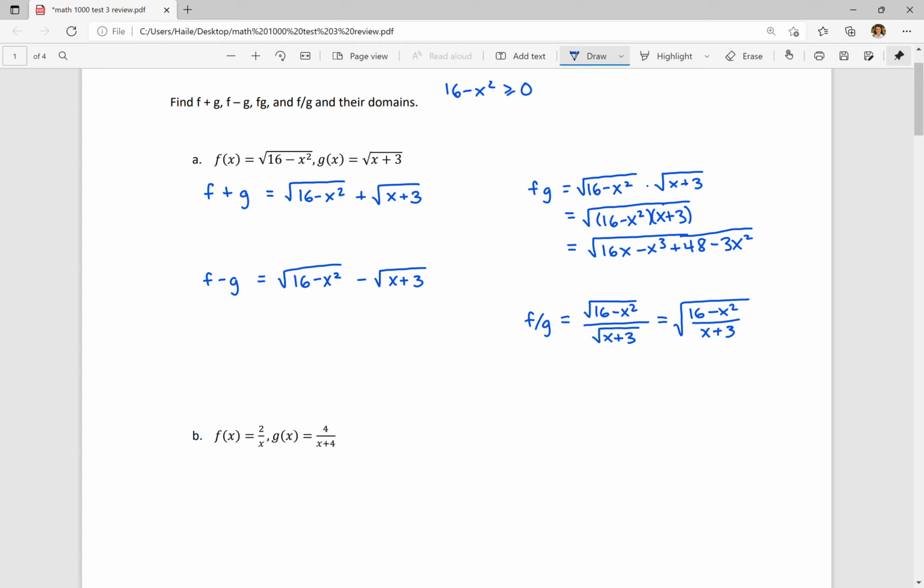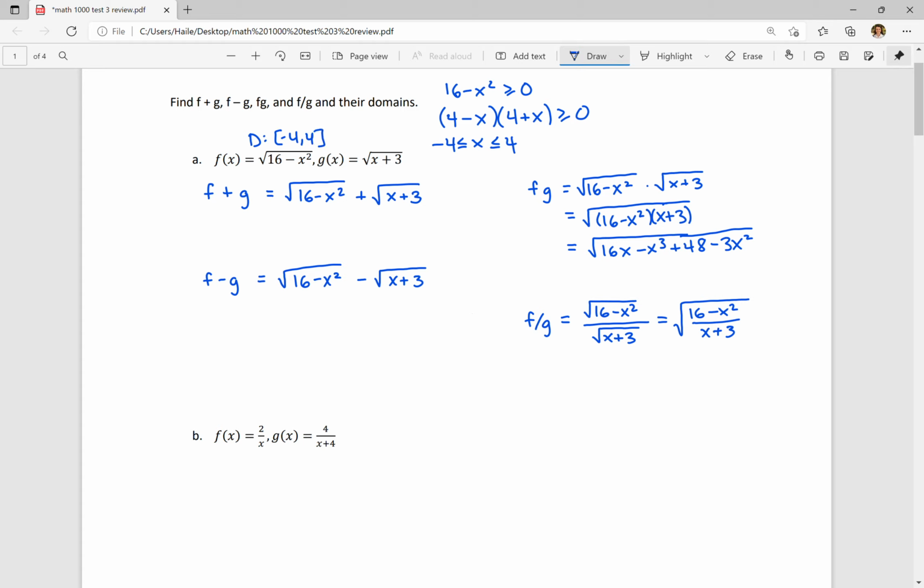Now we can factor this and get (4 minus x) times (4 plus x) is greater than or equal to 0. And what this tells us is that x must be between -4 and 4. So the domain of f is going to be -4 to 4.